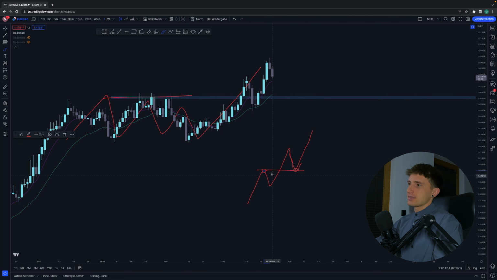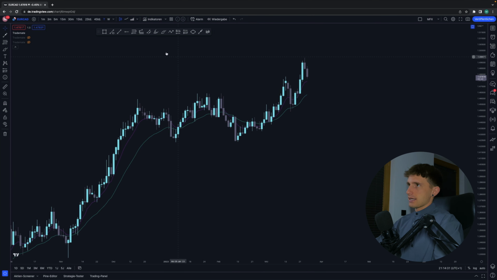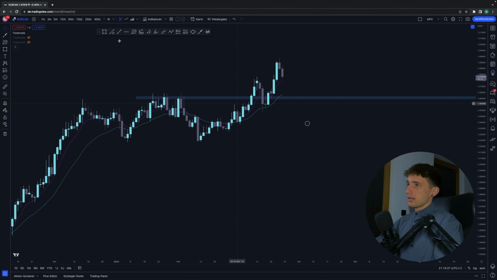Okay, but this support and resistance area is weaker than this one right here because we tested here multiple times and we have only one structure point right here. Okay, so when we delete this whole drawing and draw it out again, so this was our clean support and resistance area, and this right here is our break and retest, guys.